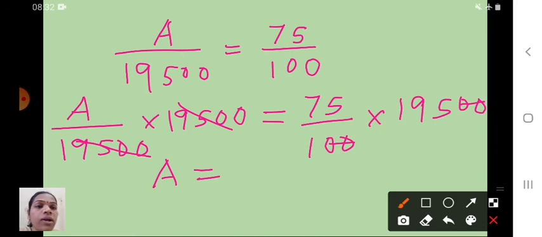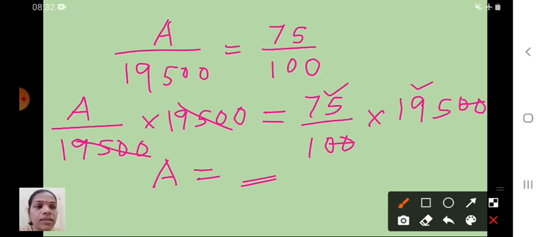So 75 into 195 we have to multiply. So now it is easy. See children, that means 195 into 75 we have to multiply. So if we multiply, what is your answer? That is only A. That means how much area Jowar is planted in. Okay, so A is equal to that one will come.